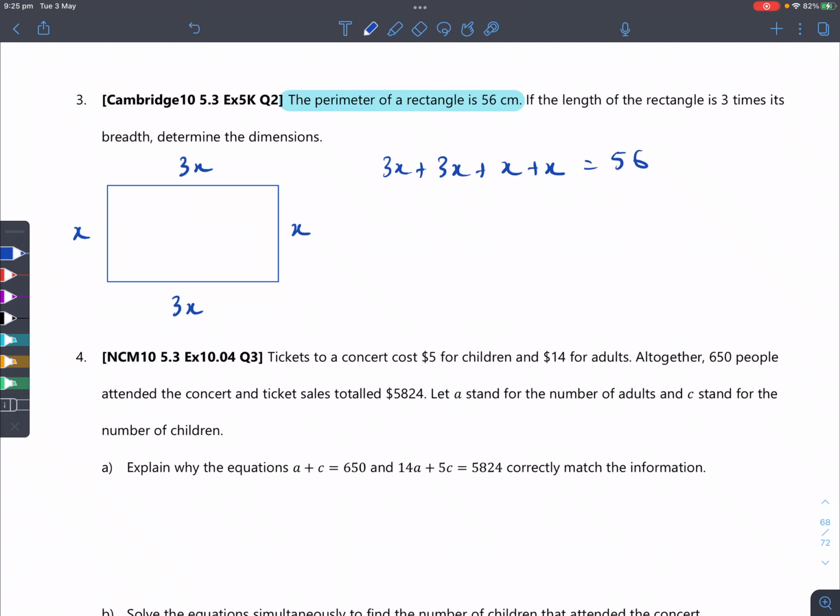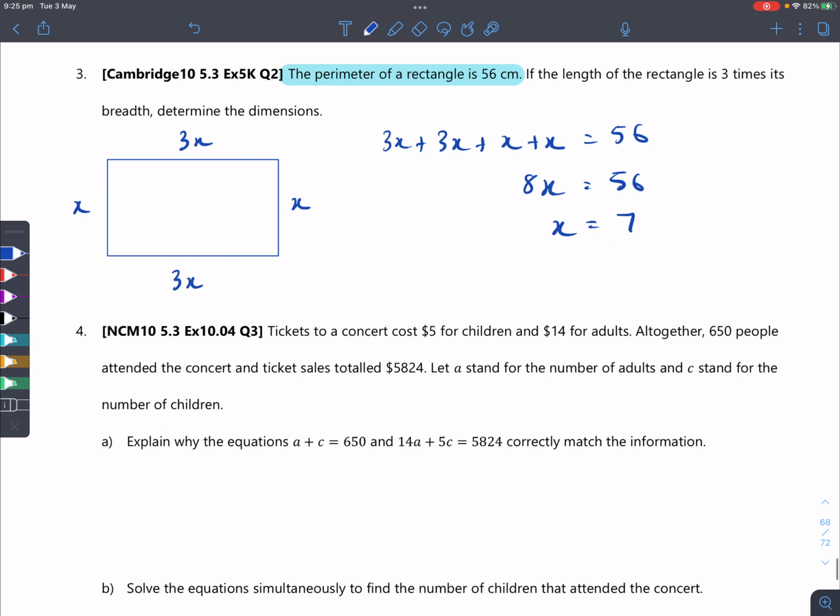Okay, so what that means is now 6x plus 2x gives you 8x equals 56, and so x would equal 7. Okay, all right.